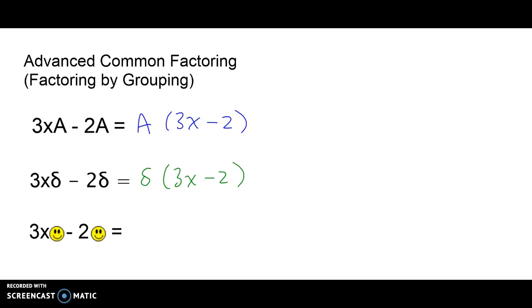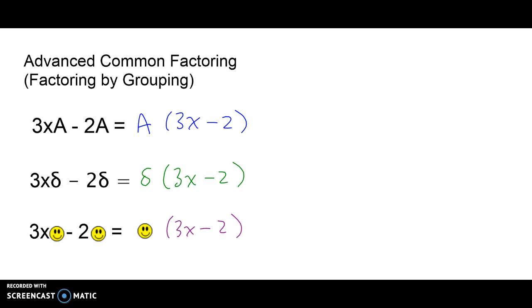Yeah, I'm obviously being silly. 3x smiley face minus 2 smiley face. But again, compare it to the previous two problems, it's not really different. There is a common factor. The common factor in this case is smiley face. Yeah, I know, that's silly. But you factor out the smiley face, and you have 3x minus 2 left over.